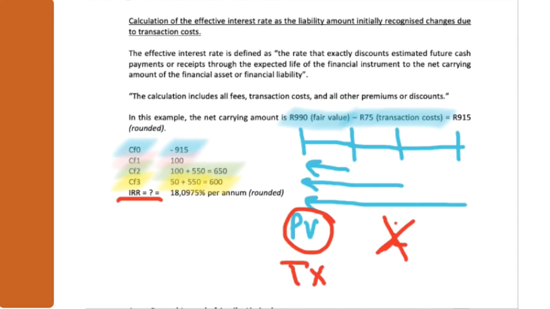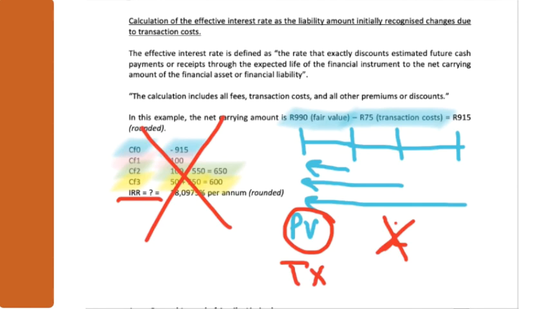If this question had not had transaction cost, if Annika Limited, the issuer, did not use a broker and did not have to pay transaction costs, you would not need to calculate a new effective interest rate. Then you wouldn't have changed PV. Then the interest rate would have stayed the same. Then you would have used the market rate.